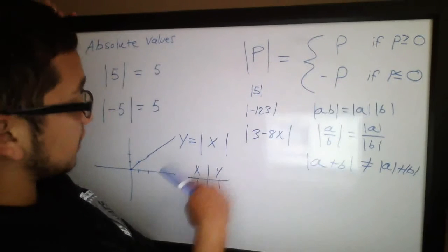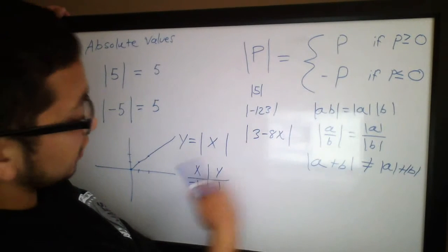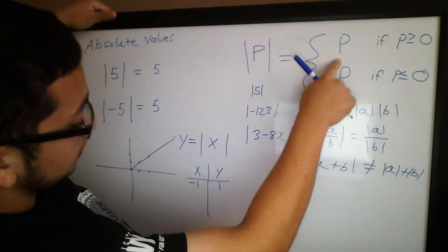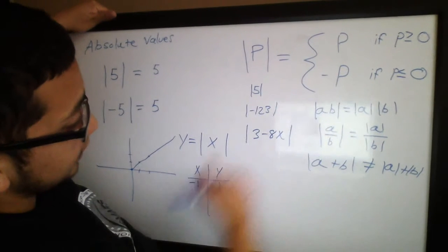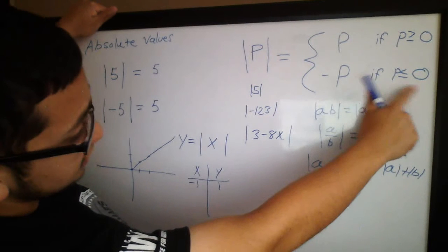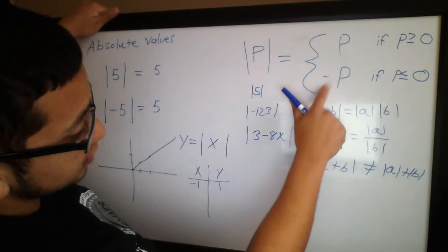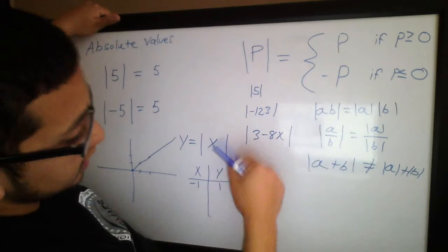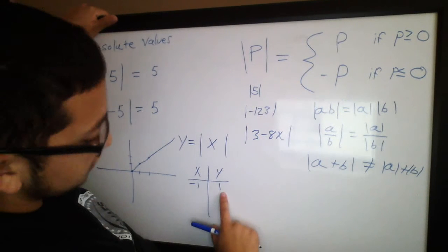I said x is -1, and in our case, x is p. This p here is -1, right? Since -1 is less than 0, we just multiply by a negative. We multiply -1 by a negative, which is a +1. So that's how I get +1.